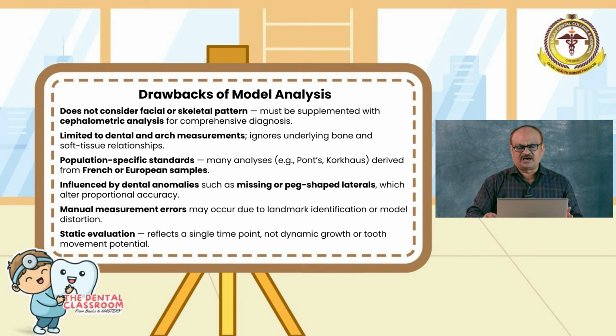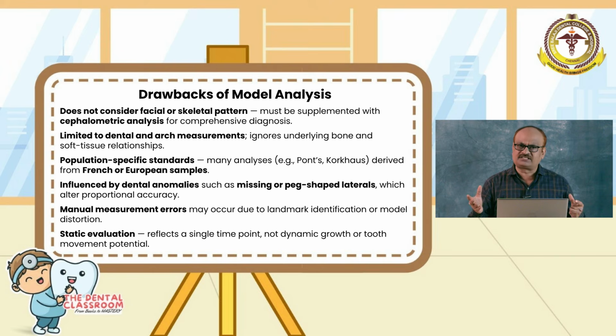Always there are some problems with model analysis. You cannot take it as an individual analysis because they do not consider the facial and skeletal patterns, which you have to analyze through cephalograms again, and it is limited to dental arch and arch measurements. It does not consider the skeletal and soft tissues.